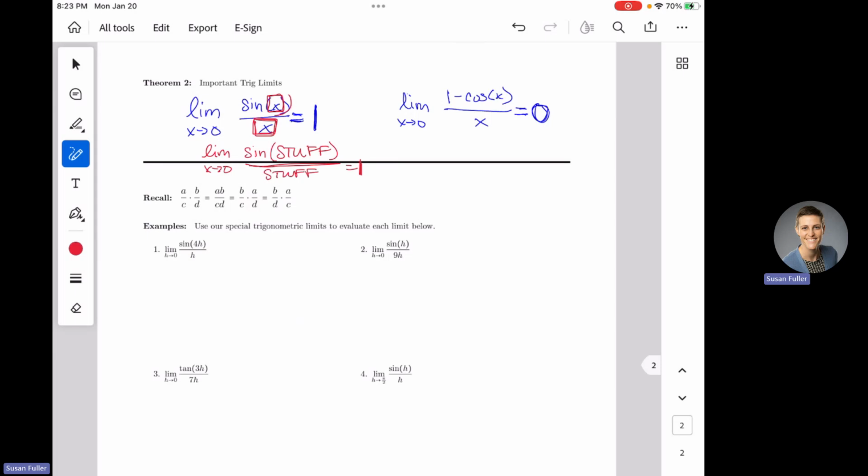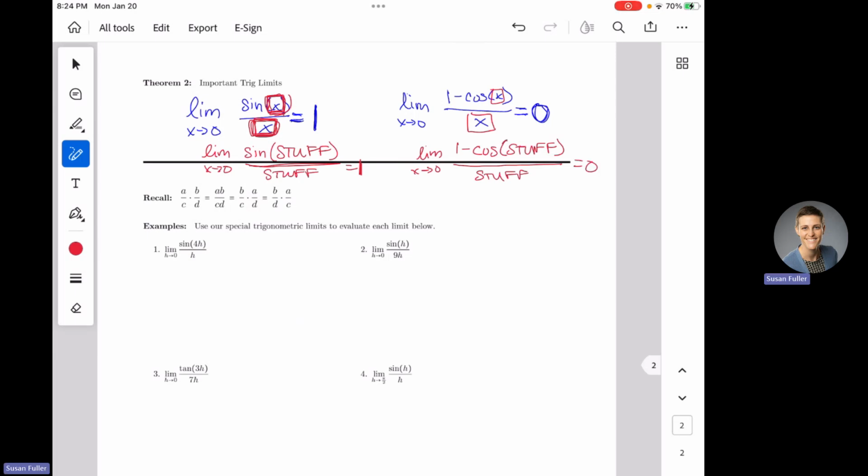Right? And so these x's could be replaced with anything you want, but the kicker here is that this x on the bottom has to be the same stuff as is up here stuck inside the sine. Similarly, over here, this x and this x could be placeholders, so you can say that the limit as x approaches 0 of 1 minus the cosine of any stuff you want over that same stuff equals 0.